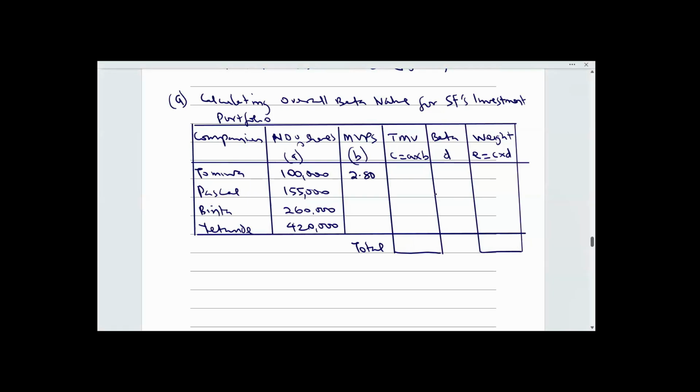So next one, Pascal. 340 kobo. That is 3 naira 40 kobo. Binta, 150 kobo, that's 1.5. Yetunde, 9.5 kobo.